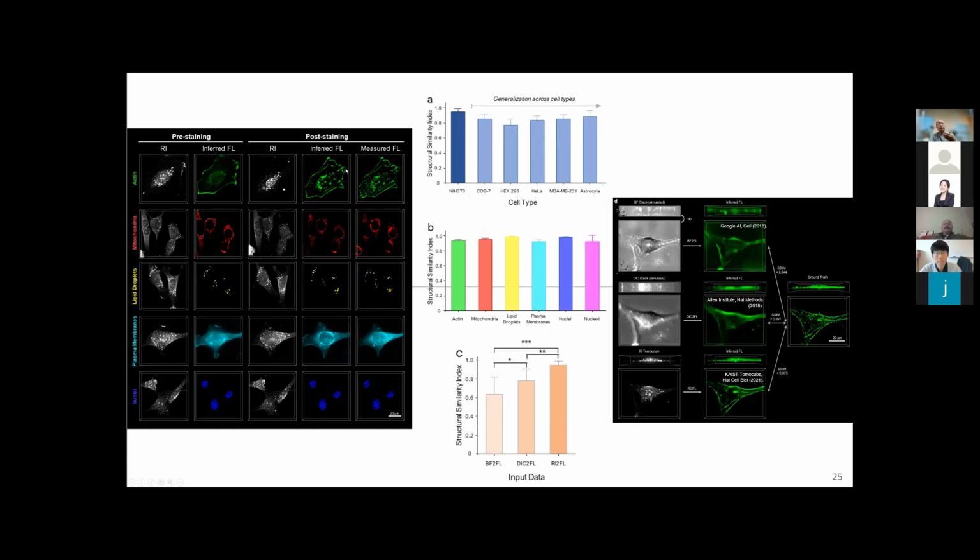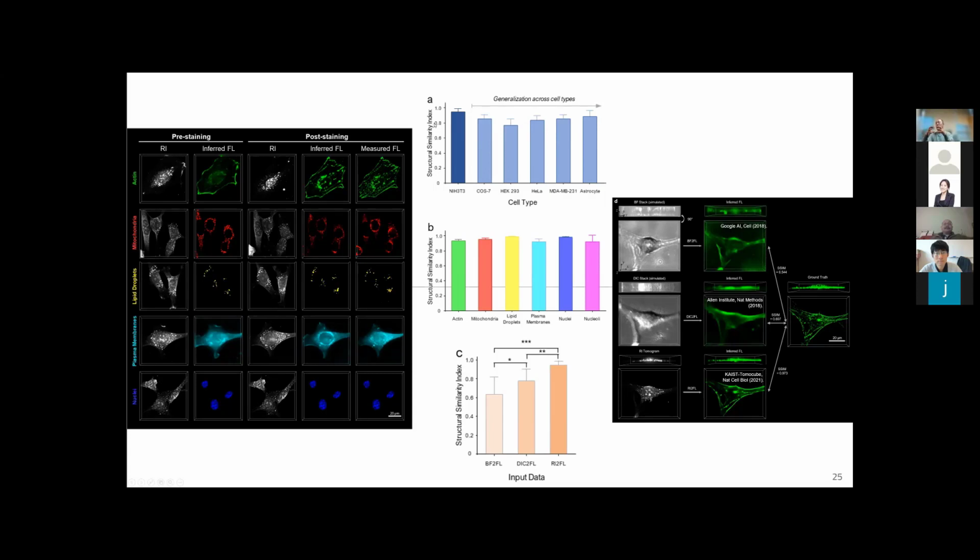And then for comparison purpose, since the cell has been physically labeled, we have measured the fluorescent signals by using the fluorescent microscope mode attached to the same microscope. And we have compared this AI-generated fluorescence and the physically measured fluorescent images in three-dimensional space. They can be quantified by using the parameter called the structural similarity index.